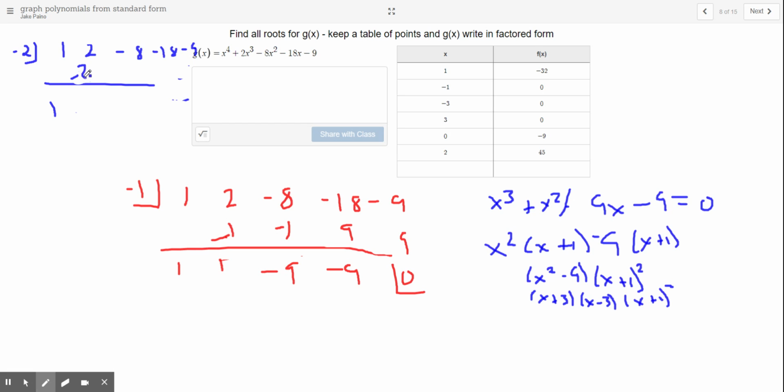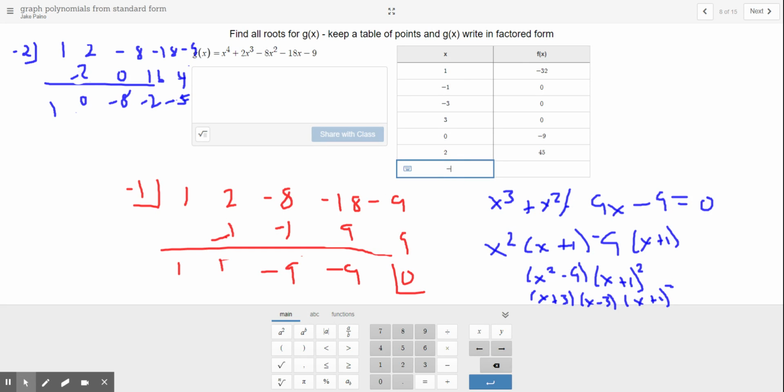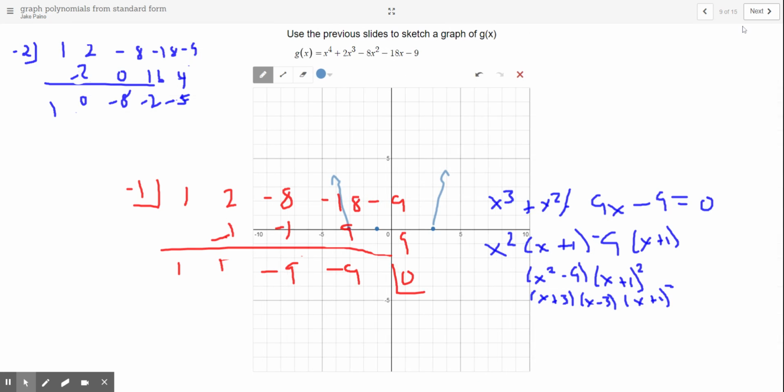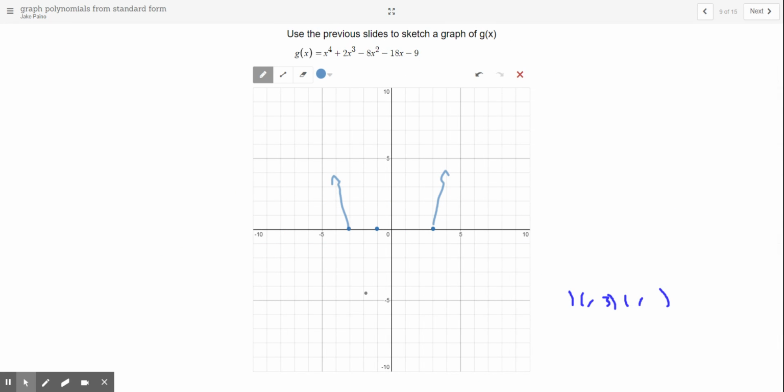So -2, 0, 0, -8, +16. It's -2, +4. That's -5. So -2, -5 is a point that I really want. At -2, it's -5.